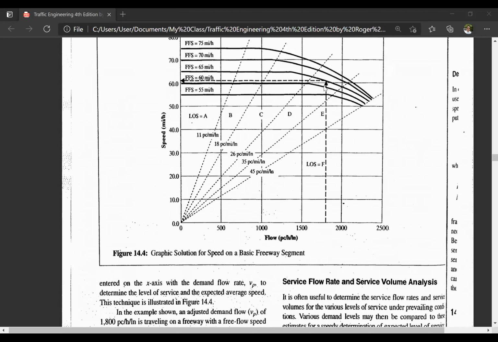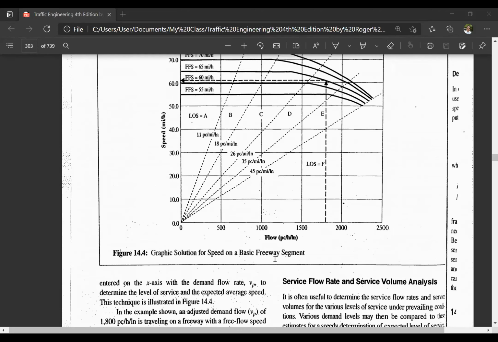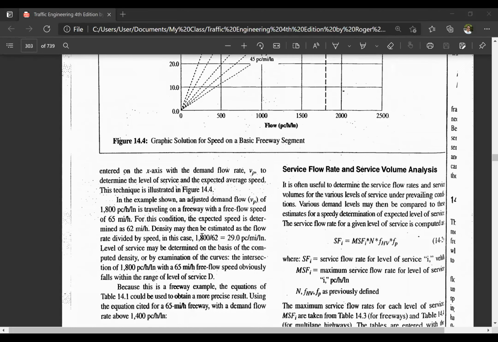Density can also be calculated once you know the speed. The density is found by the flow rate divided by the speed. So 1800 divided by 62 gives you 29 passenger cars per mile per lane.